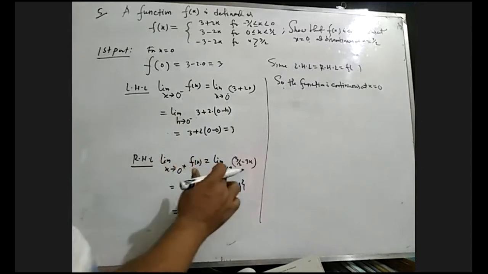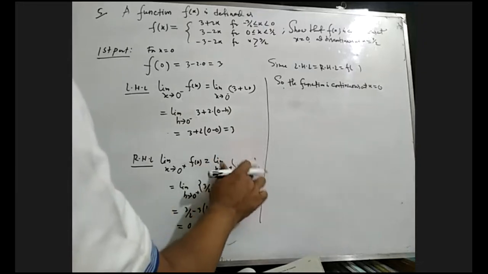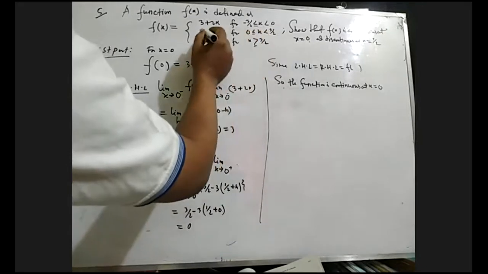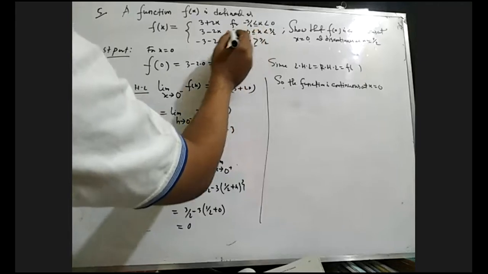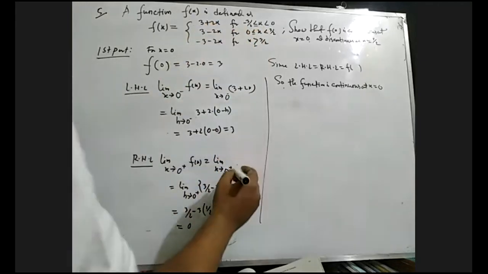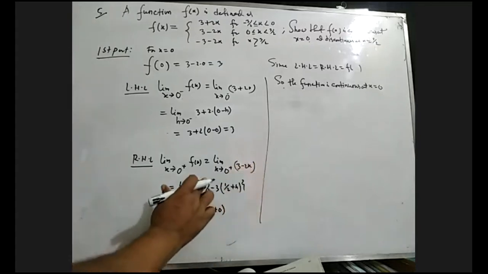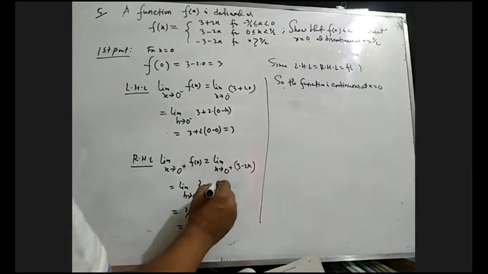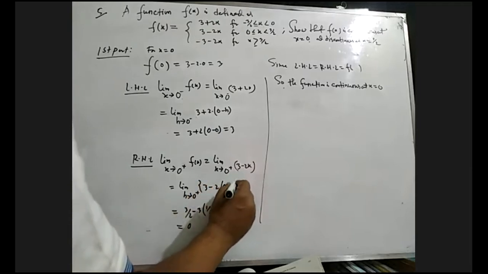x greater than 0 lies in which part of this function? x greater than 0 is the second part. 0 less than or equal to x, that means x greater than or equal to 0. That means 3 minus twice x. Now using the a's definition, 3 minus 2 into a plus a, a means 0 plus a's.